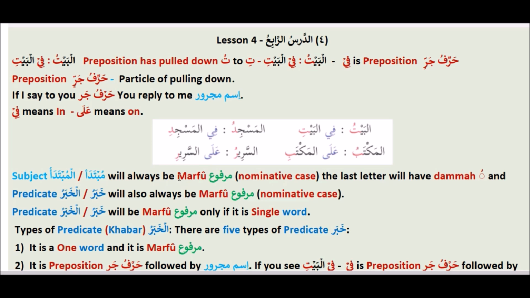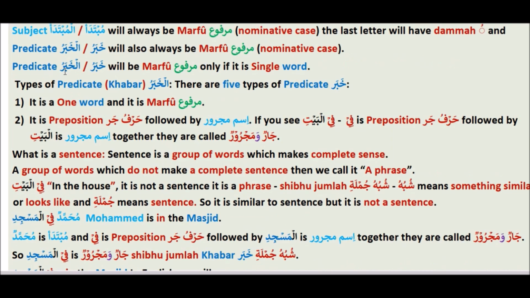As discussed again and again, subject is always marfu. It will have a dhamma on the last letter and it will be definite. Predicate will always be marfu and it will be most of the time indefinite. Predicate will be marfu only if it is a single word. Types of predicate, al-khabar. There are 5 types of predicate.